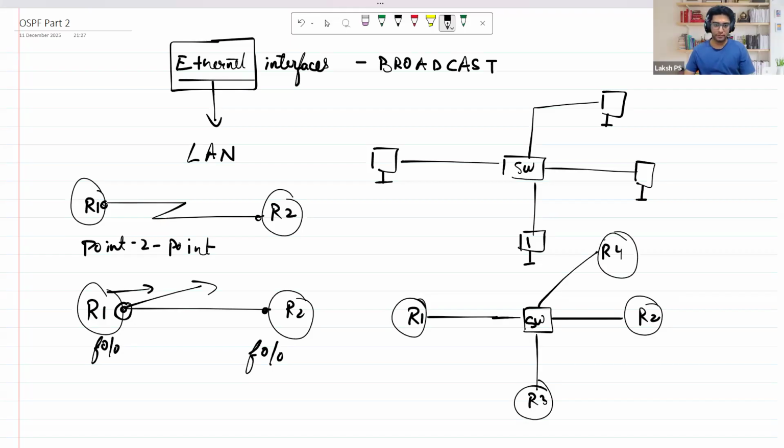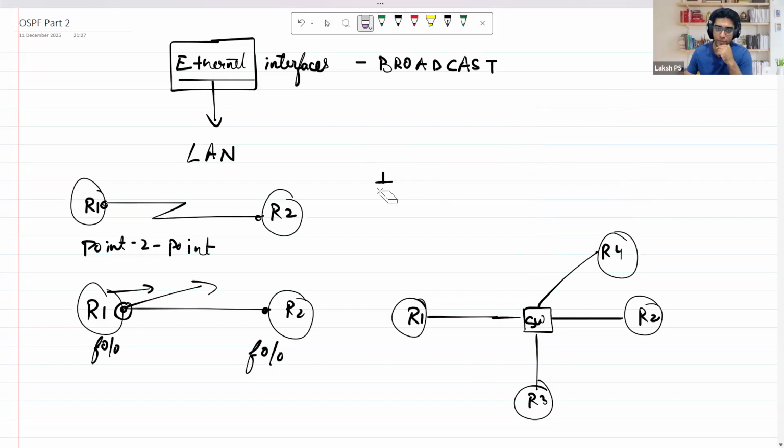As I said, the connectivity may be just R1 and R2, but for OSPF, an Ethernet interface is a LAN interface, meaning there are multiple routers connected on that interface.